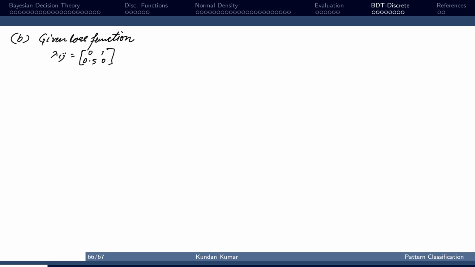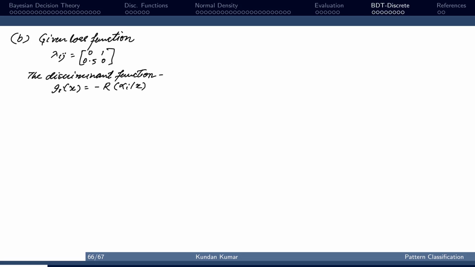Okay, and in case of the minimum risk classifier, the discriminant function is g_i(x) equal to minus R(alpha i given x).